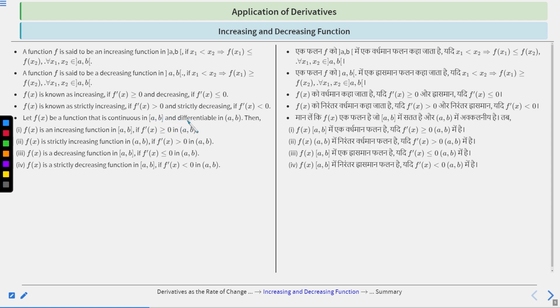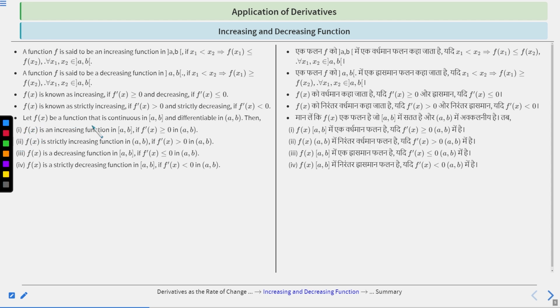And similarly, for strictly decreasing, f dash x cannot be equal to 0, but f dash x will always be less than 0. Then it will be a strictly decreasing function, right?